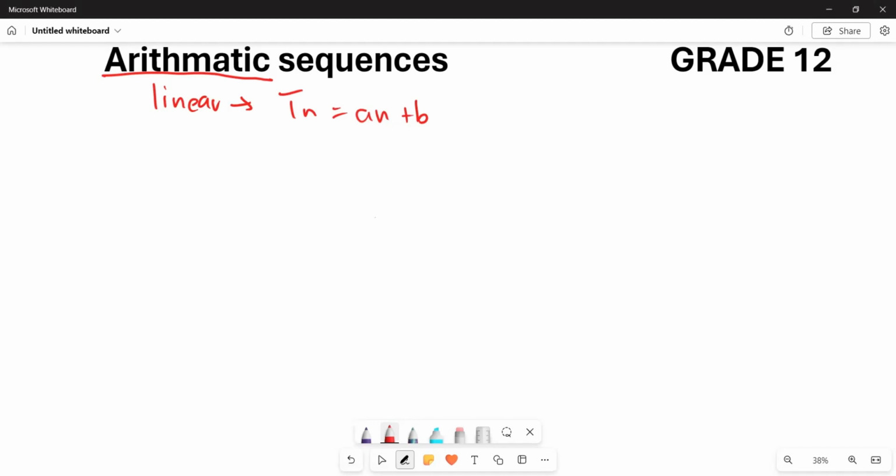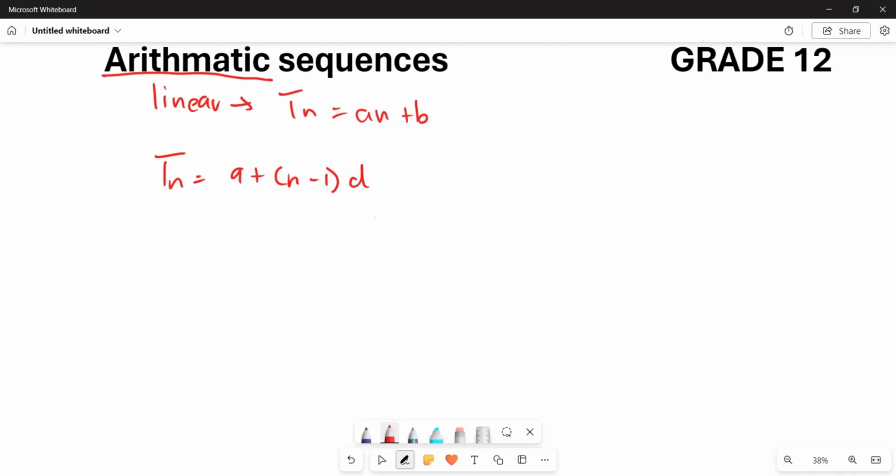Firstly, we have what we call our arithmetic sequence, which is given by the formula Tn equals A plus open bracket n subtract 1 close bracket D.